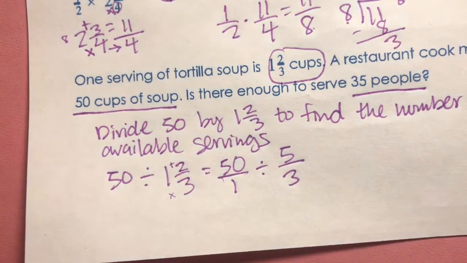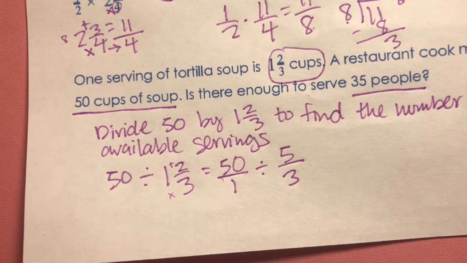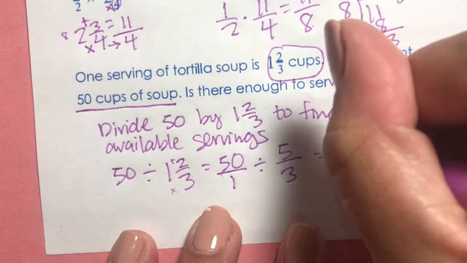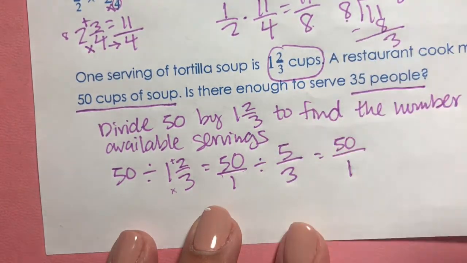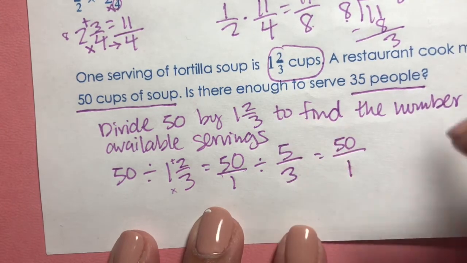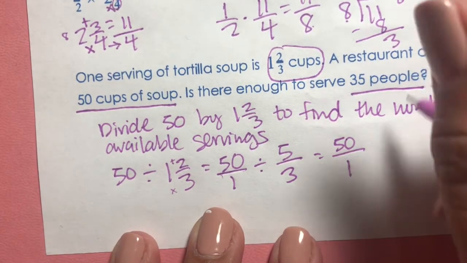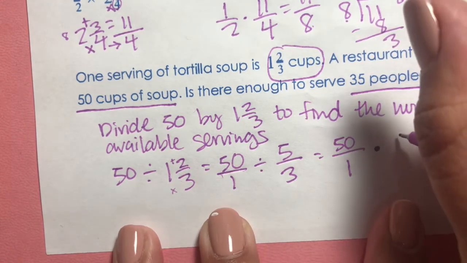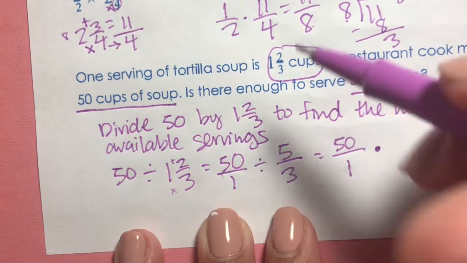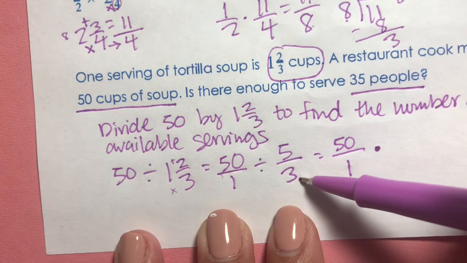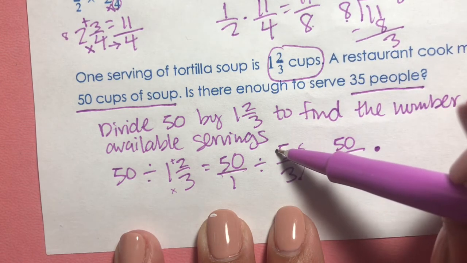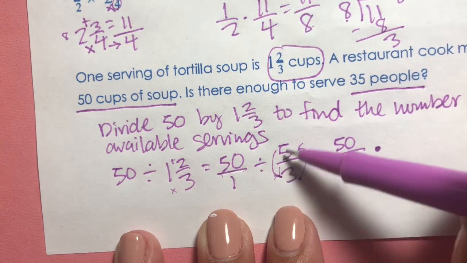Division is also very easy to do with fractions, because all you need to do is take the second fraction and flip it to get the reciprocal, and then multiply by the reciprocal. The numerator and denominator switch places.